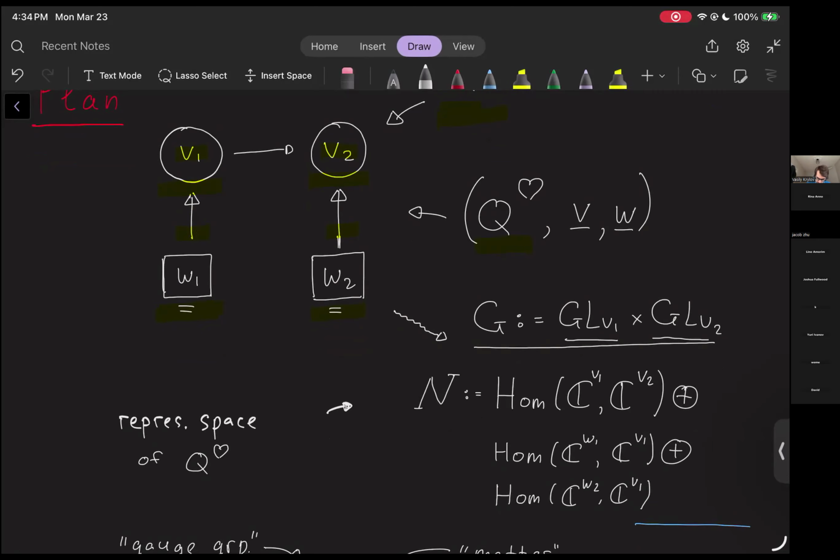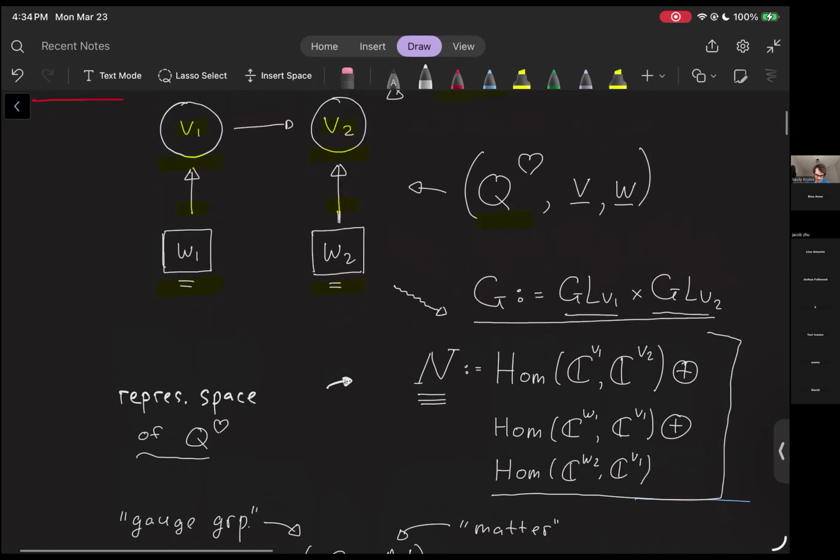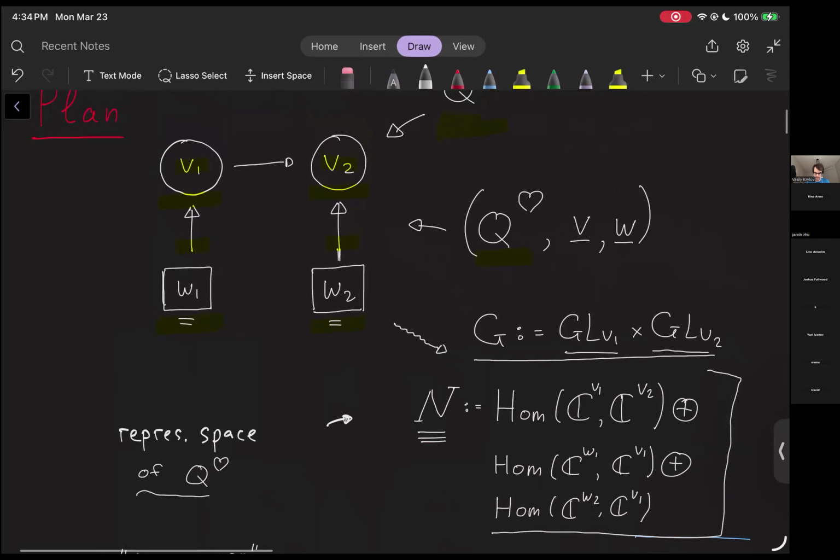And we also associate a representation of this group that I denote by N. This will be more or less literally the representation space of the framed quiver. In this case, it's given by this formula. Any questions so far? So start with the quiver, consider V and W, construct a group and a representation of this group.